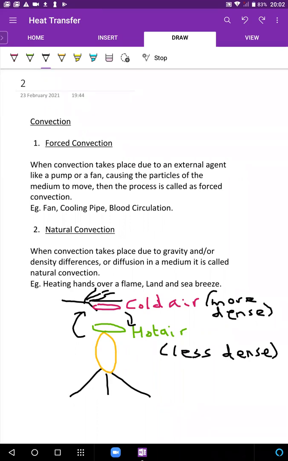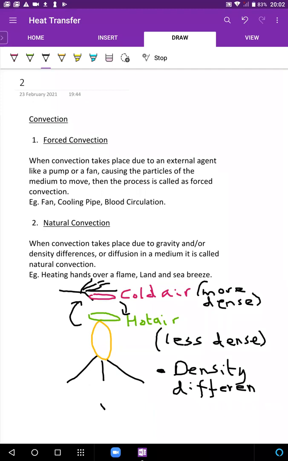Okay? Why is this taking place? This is of course taking place because of density difference. So the main idea behind this is due to density difference. And of course, because of gravity. The whole notion of heavier things should come down, lighter things should go up is because of gravity.